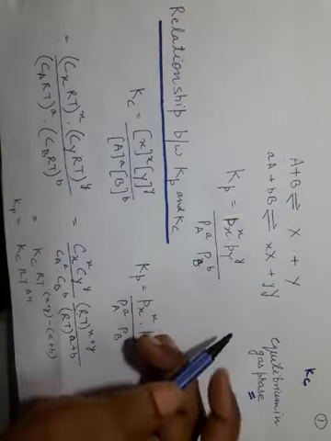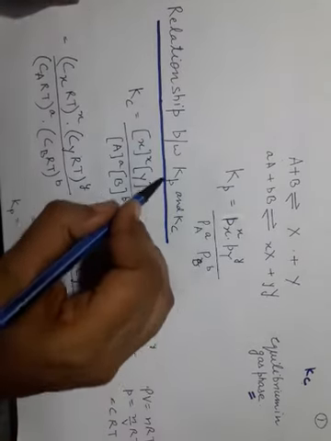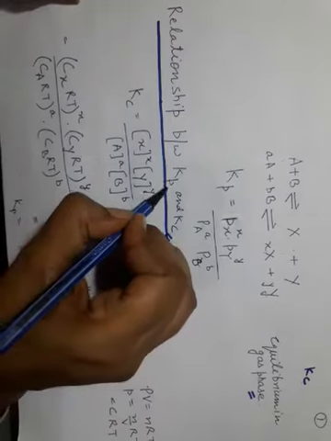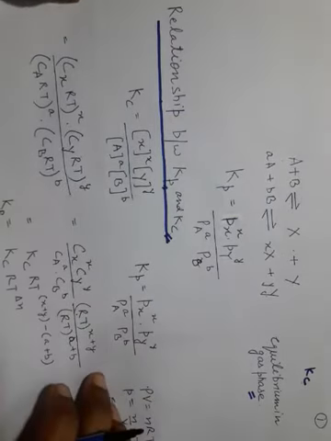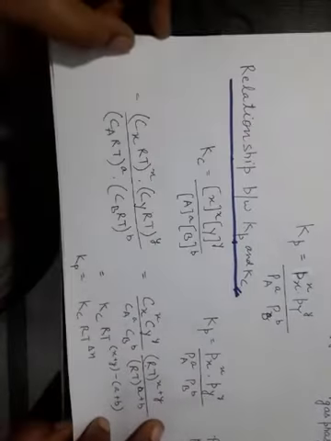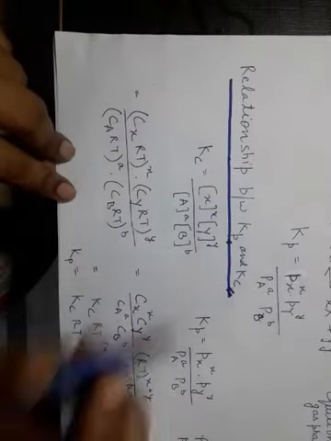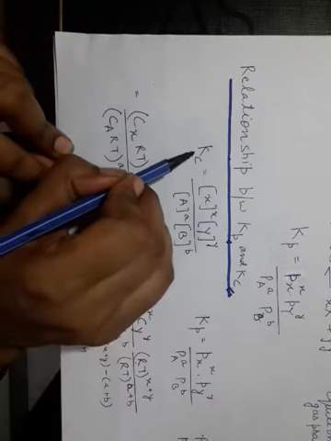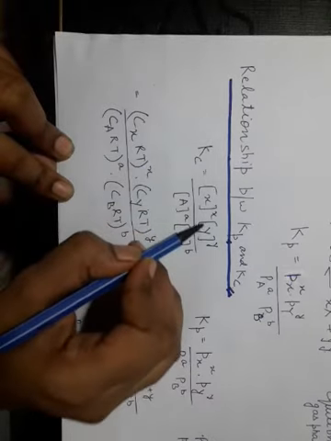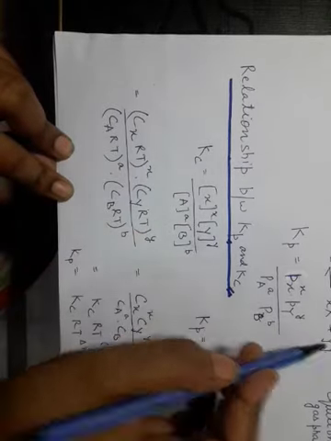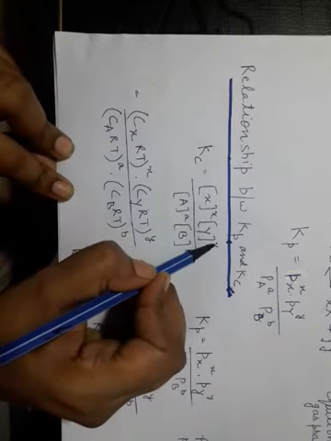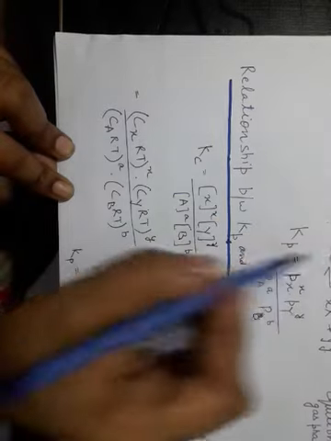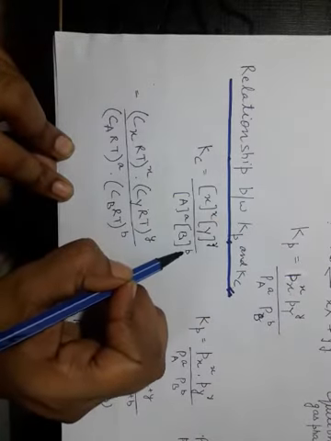Now we have to derive the relationship between Kp and Kc. That means if they are given in concentration terms or atmospheric form, we have to calculate their relationship. So students, in our previous lecture, we studied that Kc is equal to the product of concentration of products raised to the power of their stoichiometric coefficients divided by the product of concentration of reactants raised to the power of their stoichiometric coefficients.